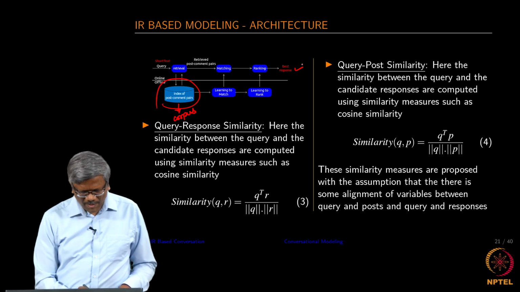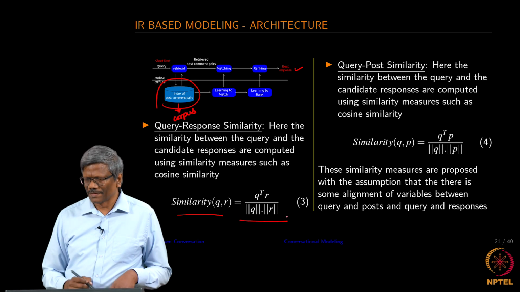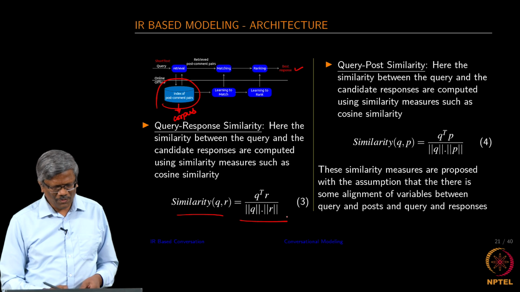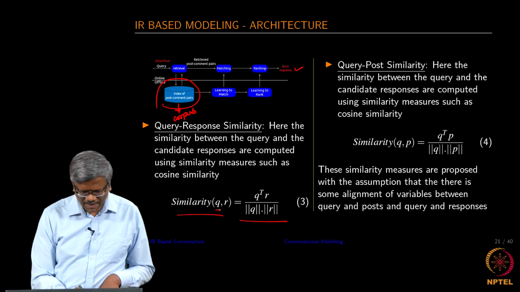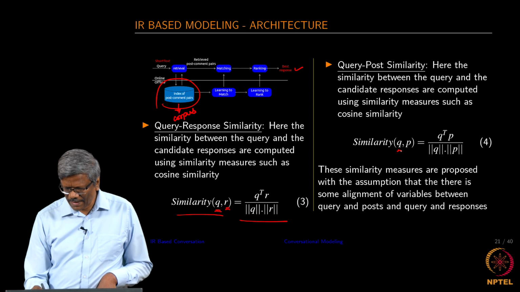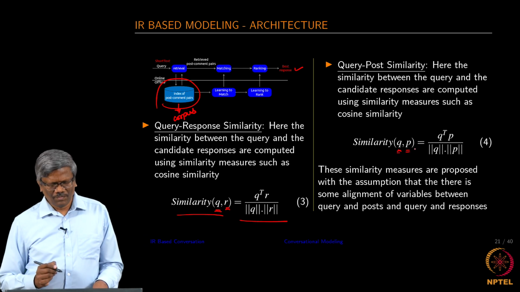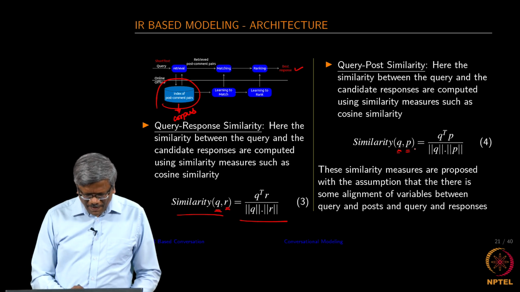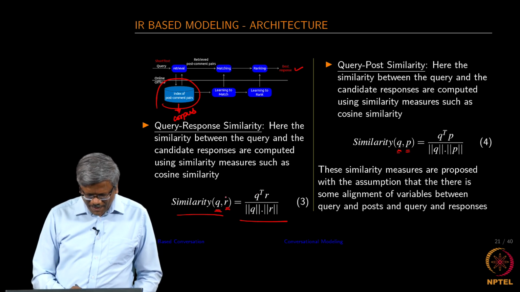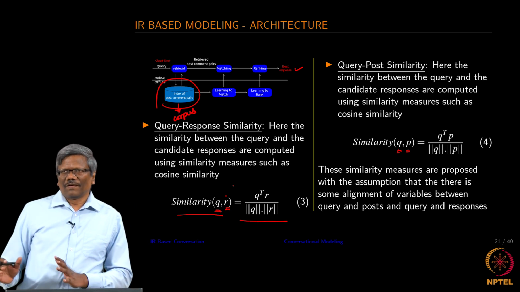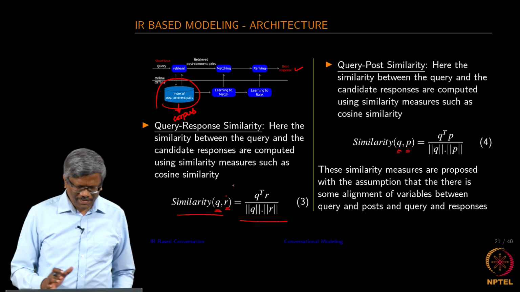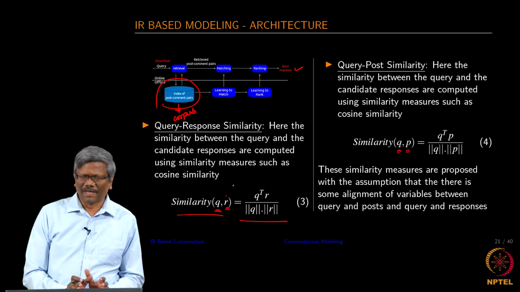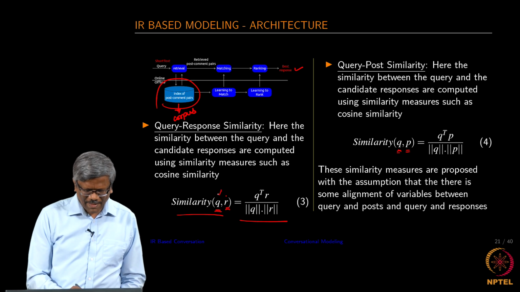The similarity could be found using a cosine similarity in this fashion. You can find the similarity between the query and the response, and the query and the post. The idea is if the query and the response contain words which are similar, then we are going to have a similarity score attached to the query and the response.